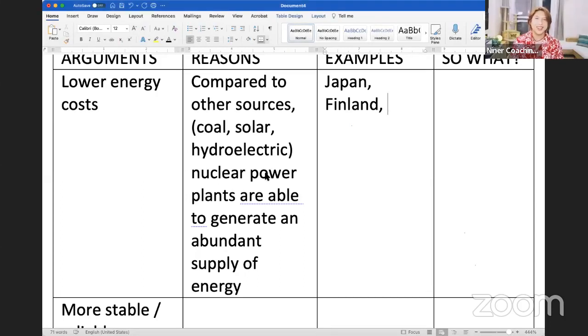Ukraine and Russia. Okay, Ukraine, right? Ukraine is heavily reliant on nuclear energy. What other countries are able to reduce? Korea, South Korea, right? So all of these countries have lower power costs, okay?